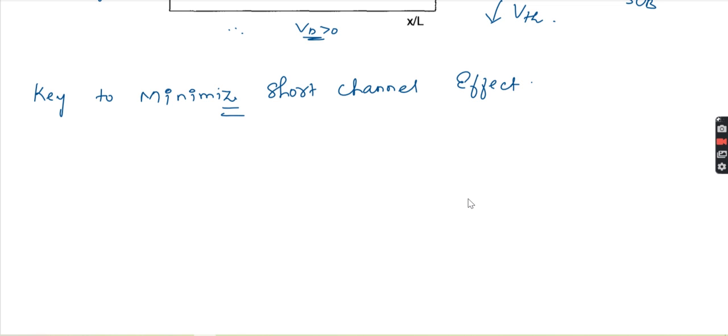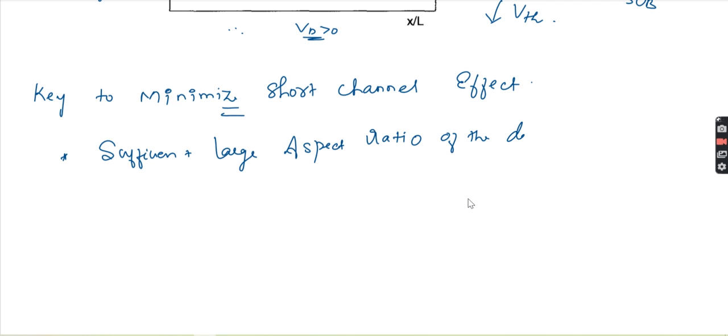If you want to minimize the short channel effect, we need to have a sufficiently larger aspect ratio of the device, AR for short.